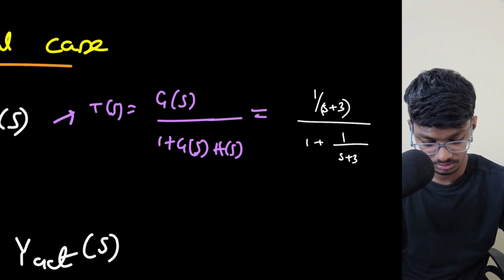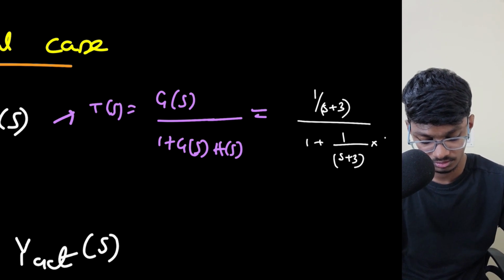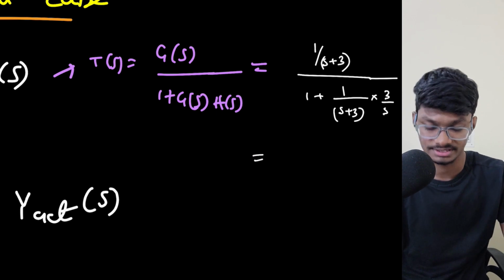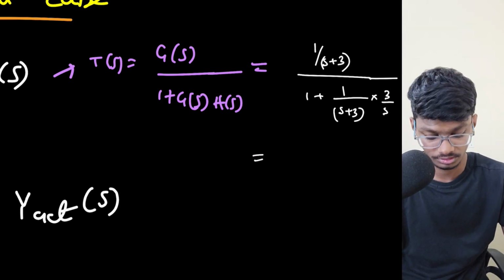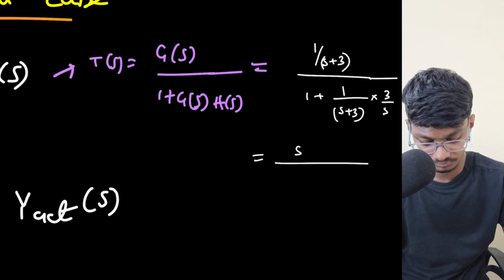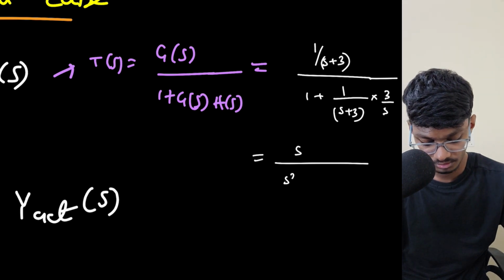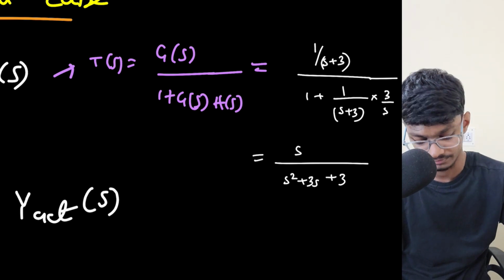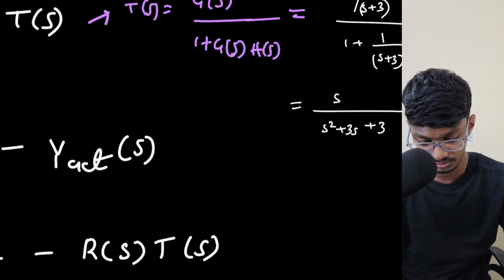One plus 1 by s plus 3 into 3 over s. So I will multiply this s into s plus 3 on both numerator and denominator. This will be s divided by s square plus 3s, s into s plus 3 plus 3. So this is what my transfer function is.